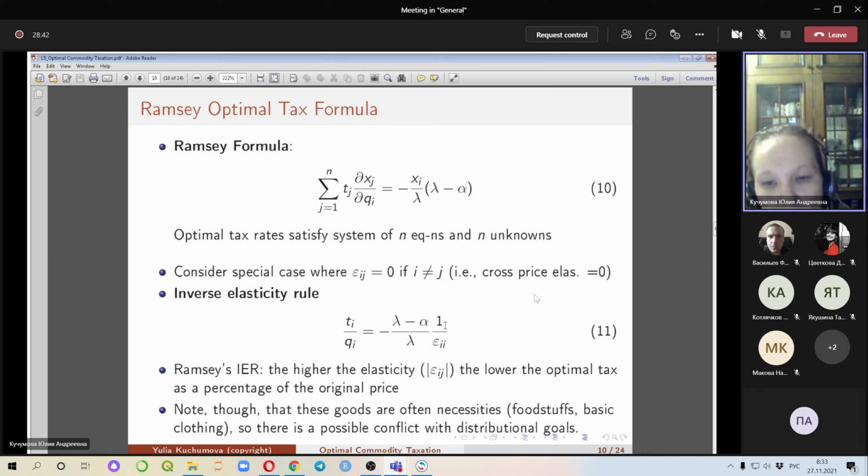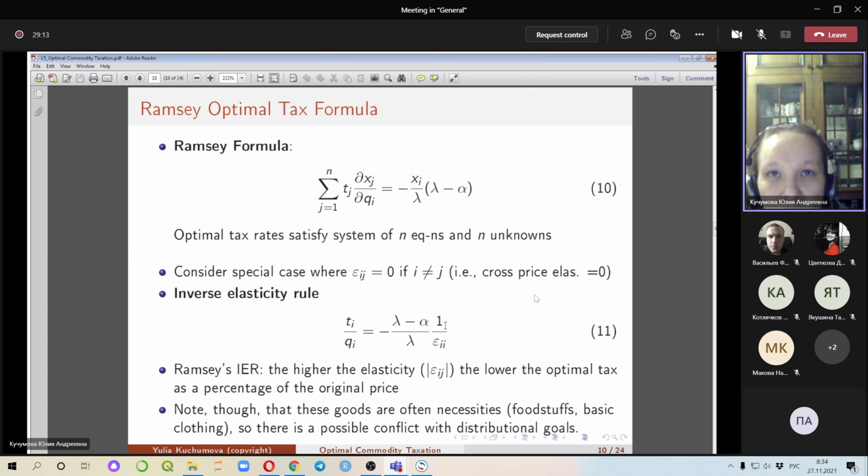The minus here is just to cover the negative sign of epsilon ii, the own price elasticity. And this is from the inverse elasticity rule: the higher the elasticity by absolute value, the lower the optimal tax as a percentage of the original price.